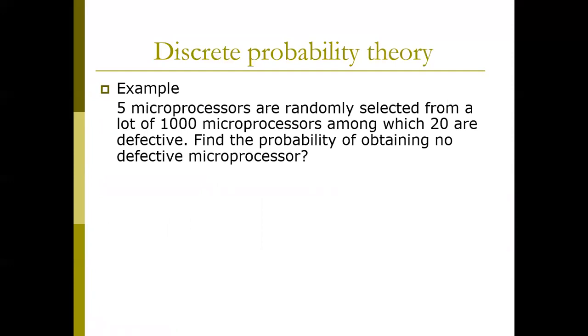All right, so here's another example. Let's say we are asked to work out the probability of selecting 5 microprocessors at random from a lot of 1,000 microprocessors. We are told that 20 of the microprocessors are defective, and we are told to find the probability of obtaining no defective microprocessor.